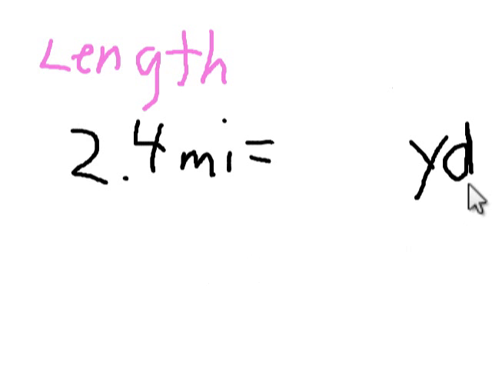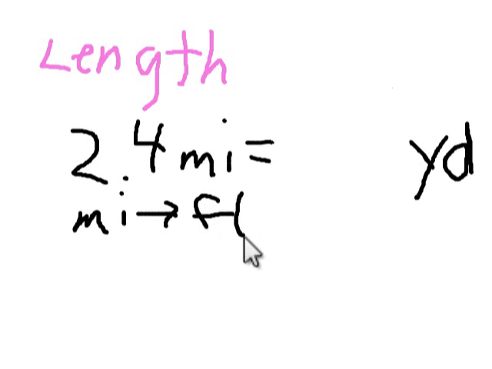So I can't change directly into yards unless I want to memorize another number, which I'm not expecting you to do. So the first thing I need to do is change miles into something I do know how to do, which is to change it into feet. So first we're going to change it into feet. We just did that, right? So we're going to take the number of miles and multiply it by 5,280.